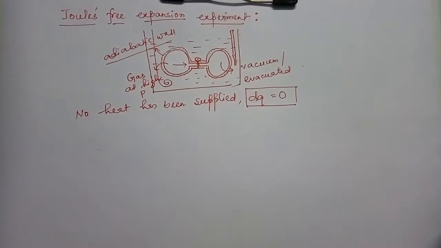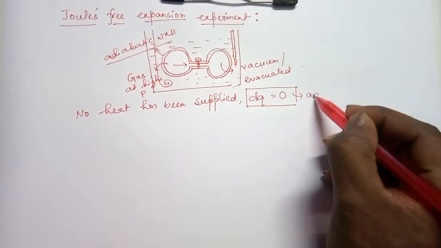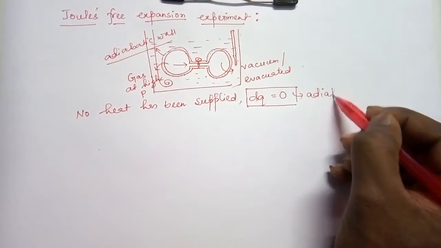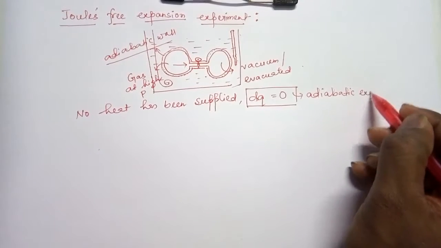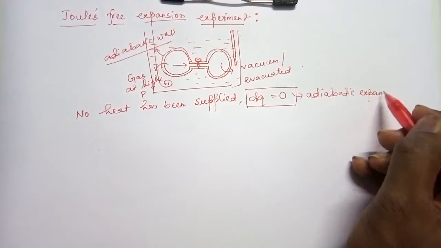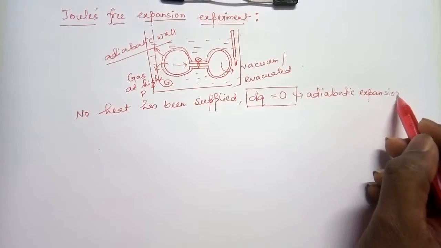Now we can say that as dq is 0, this is an adiabatic expansion. Right? Here the gas expands at constant q, that means we can write it as adiabatic expansion.